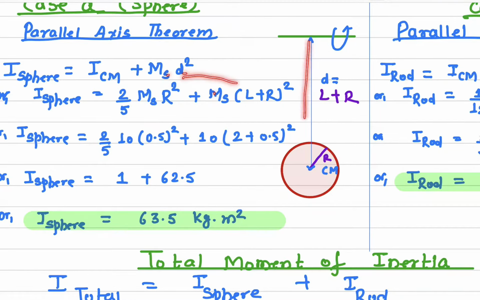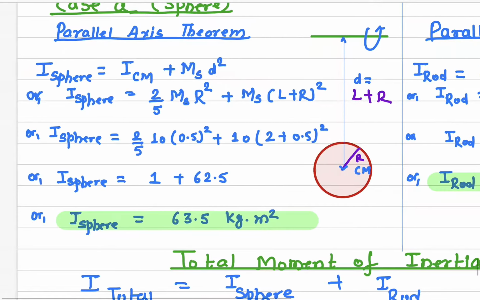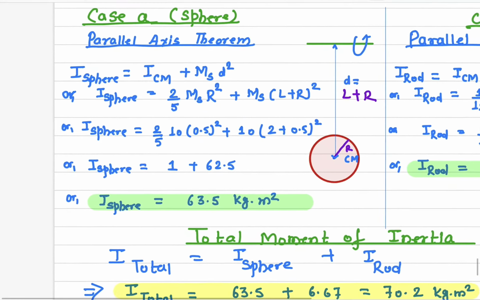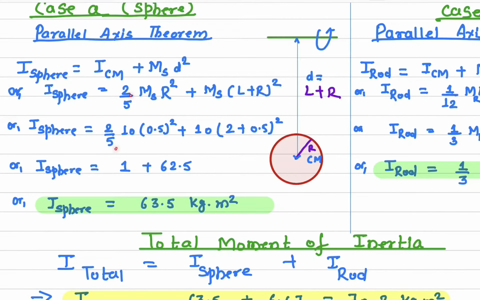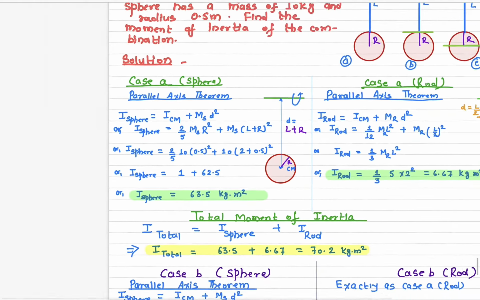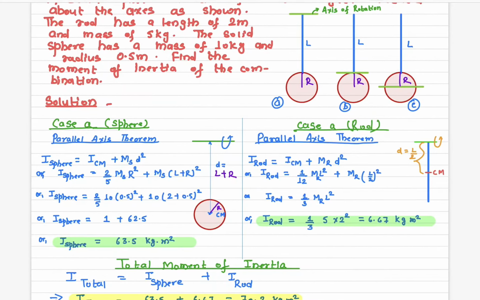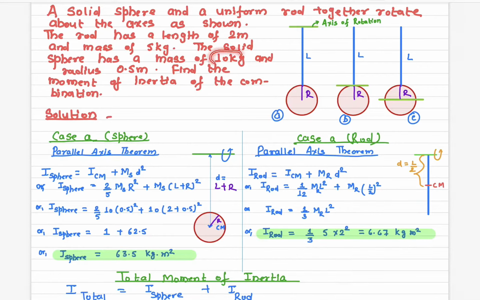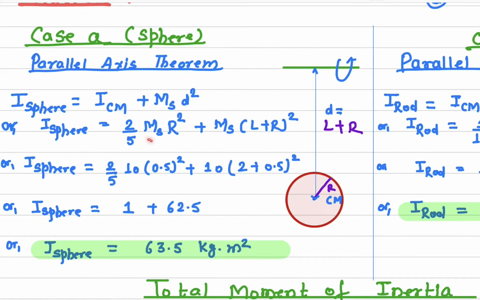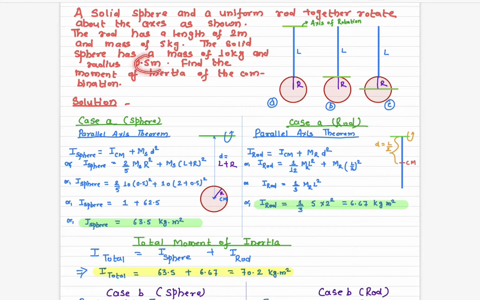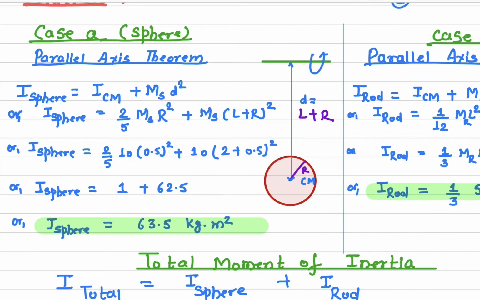Now life is a lot easier. 2/5, what is the mass of the sphere? The mass of the sphere is given as 10 kilograms. The radius of the sphere is 0.5 meter.